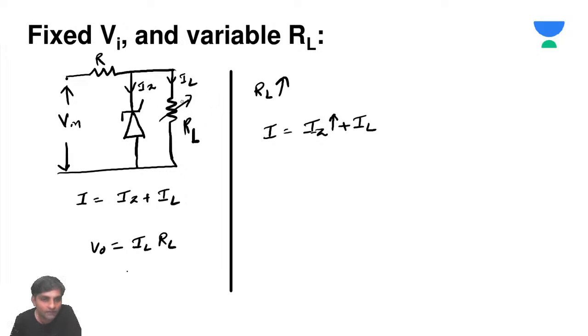When the load resistance is increasing, the current flowing through it will be decreased, yes or no? When this current is decreased, which current should be increased? Because this I is constant, if this current is decreasing, definitely the current will be taken by the Zener diode.